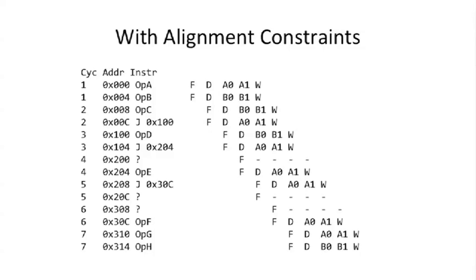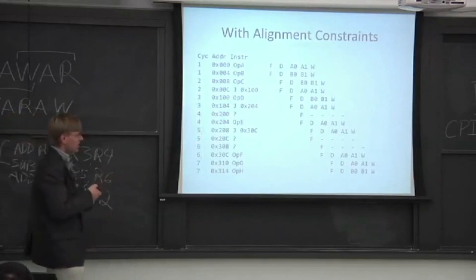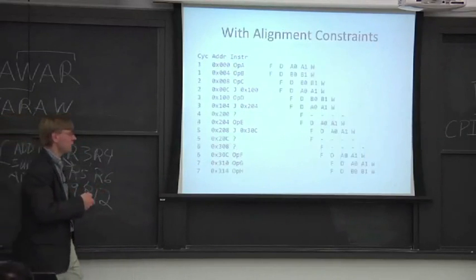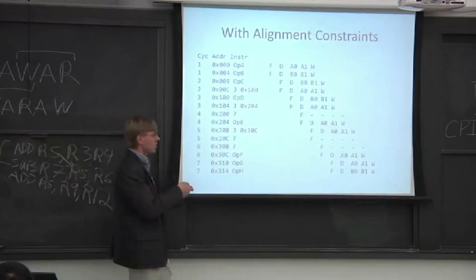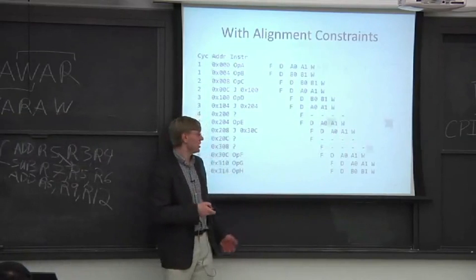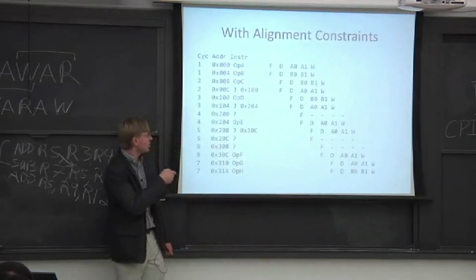And we're going to end up wasting cycles. So this will take 7 cycles, where before we had this taking only 5 cycles, because we've introduced dead cycles where we fetched instructions we just didn't use. The 3 X's here show up as instructions we fetched.